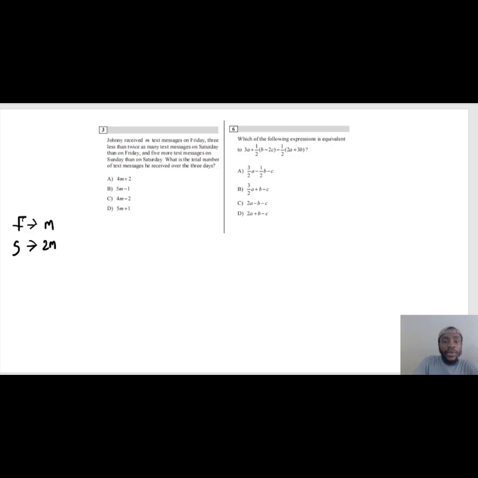That's 2 times M, which is that of Friday, and three less than that, so minus 3, on Saturday than Friday. And five more text messages on Sunday than Saturday. So Saturday is 2m minus 3. So you receive 5 more than Saturday. So it is plus what? 5. And that will give us 2m plus 2.